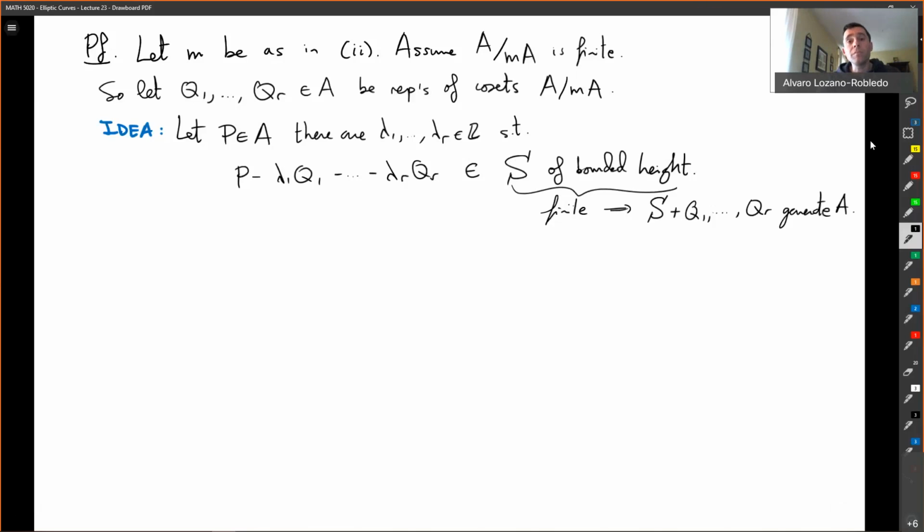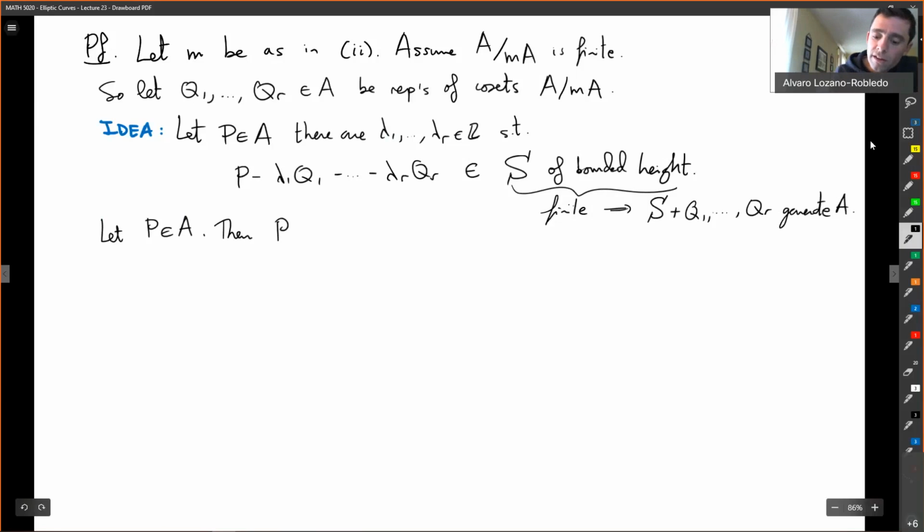We have to find some linear combination of Qs that when I add it to P, I go to some set of bounded height with a universal bound that doesn't depend on P. Right, so here's how you do that. First, let P be in A. I want to find that combination. Well, P is in one of the congruence classes.